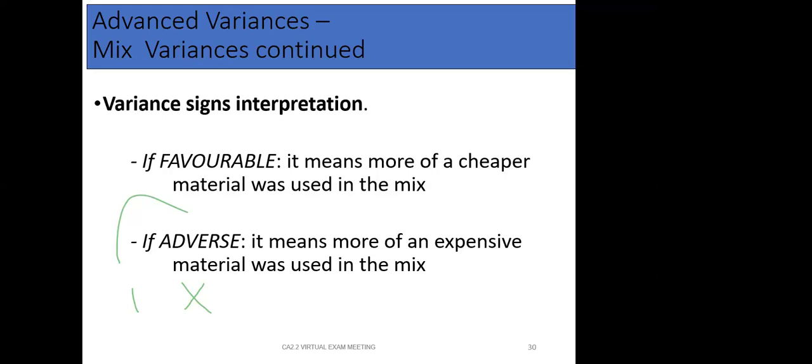So if your mix variance is favorable, it means that you have used more of a cheaper material in the mix. I'd like to bring this out when we look at the question on mix variances. If the mix variance is adverse, it means that more of an expensive material was used in the mix.